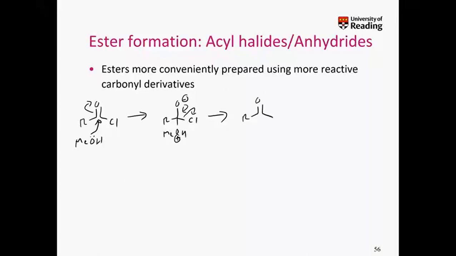What that gives us is our methanol, which is still protonated, and then of course we know that we've got Cl- in the system. That Cl- can help deprotonate that oxygen to give us our ester product.